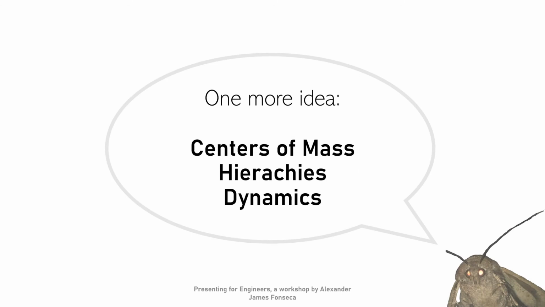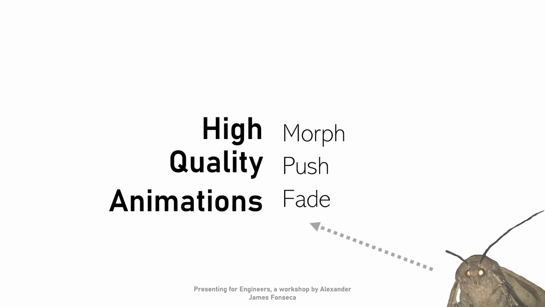Now, one more idea that I like to use is that of center of mass in the slide, and how that conveys a sense of hierarchy and a sense of dynamism to it. An example of that is, in this case, the center of mass of the slide, despite everything being aligned to the center, is clearly on the left, because the main part of this slide is on high quality animations.